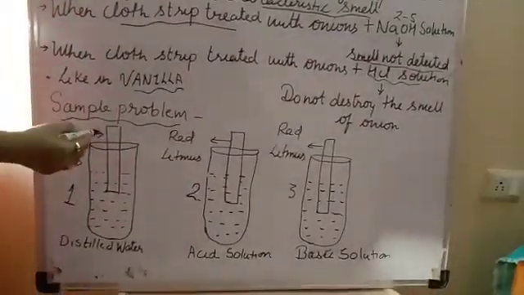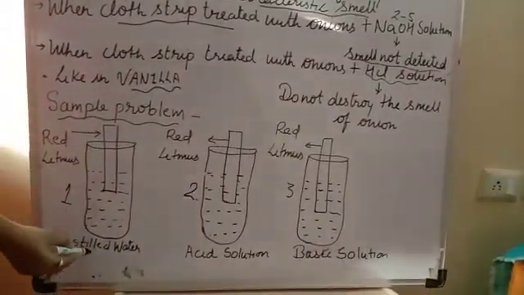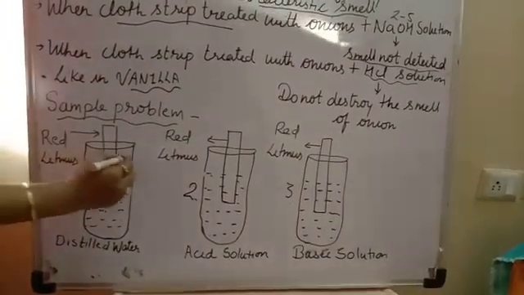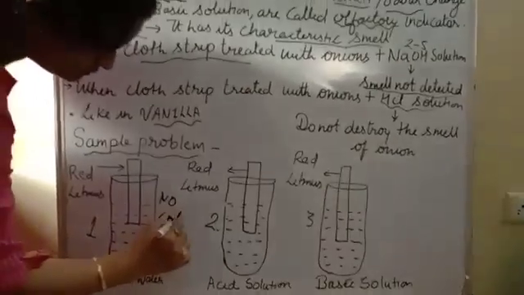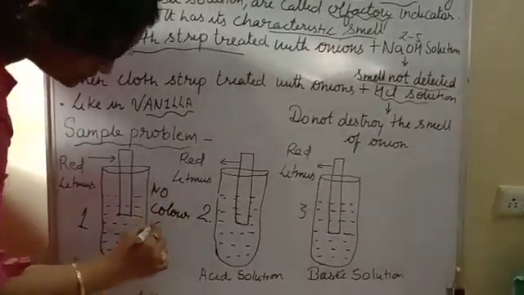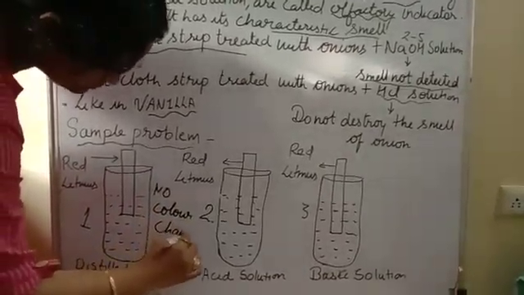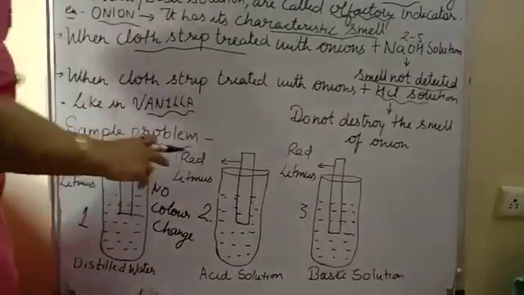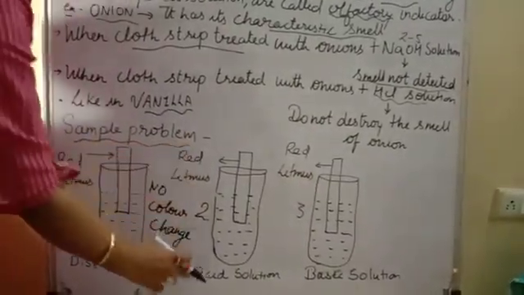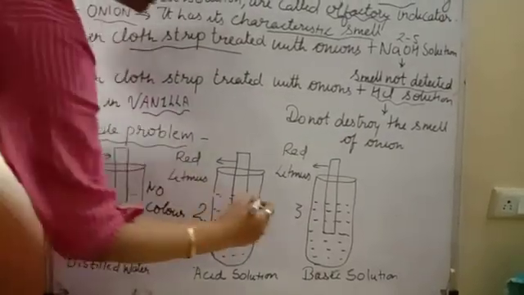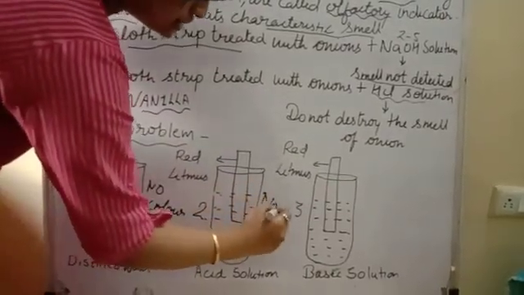When we dip the red litmus paper in the distilled water, there is no color change. But in the next test tube, when we dip the red litmus into the acid solution, there is no color change.